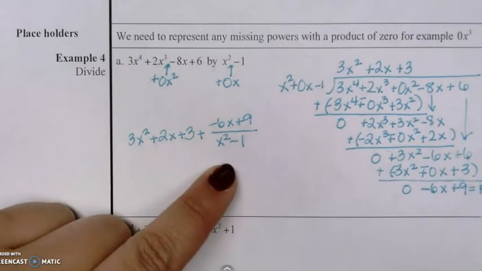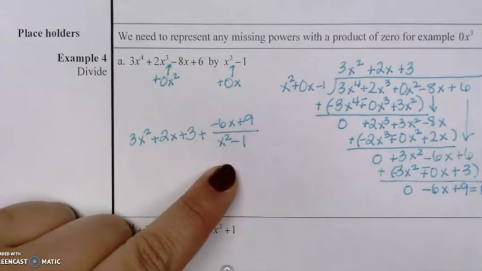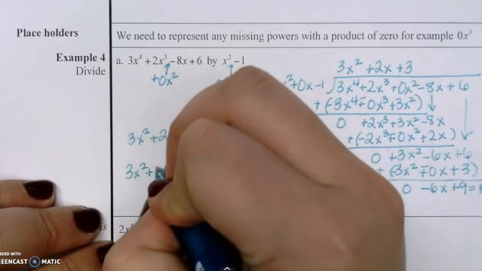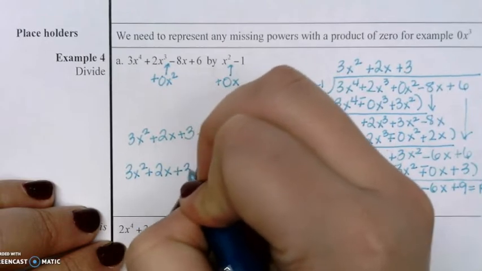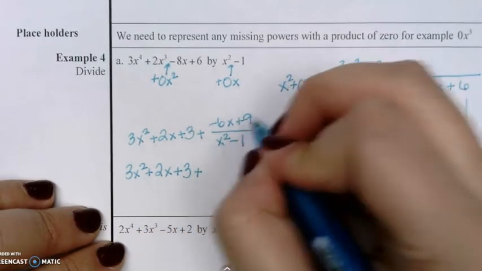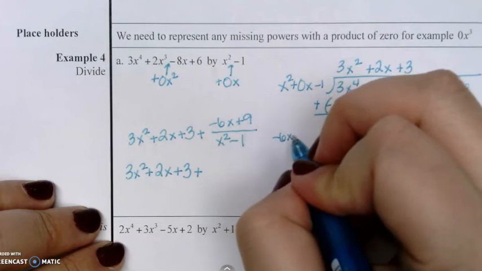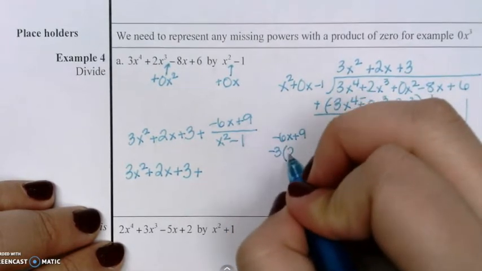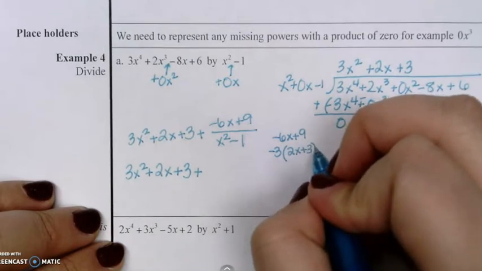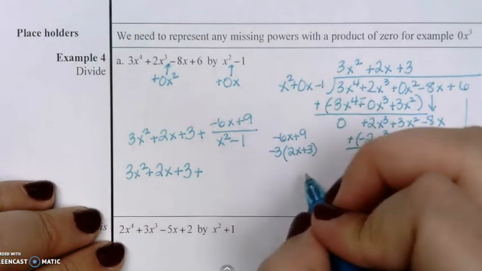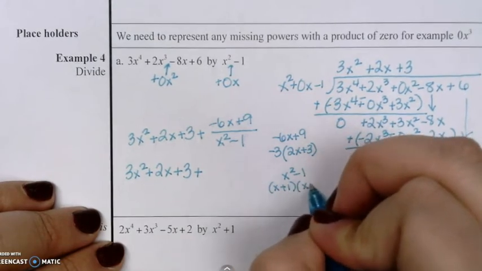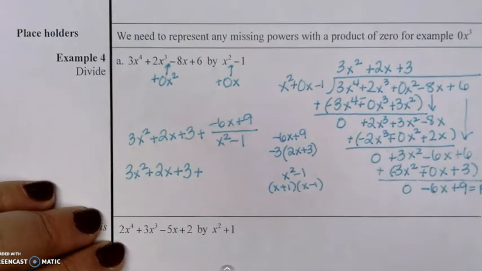Now I have a fraction here, which means that I need to simplify. So we can write this as 3x squared plus 2x plus 3 plus, I can factor negative 6x plus 9, our GCF of negative 3, 2x plus 3, and our denominator factors into x plus 1 times x minus 1 because it's a difference of squares.